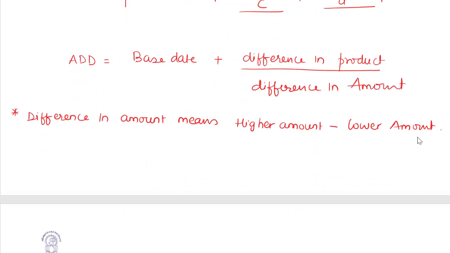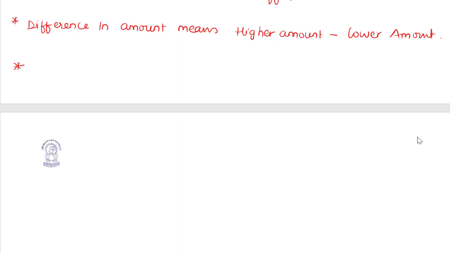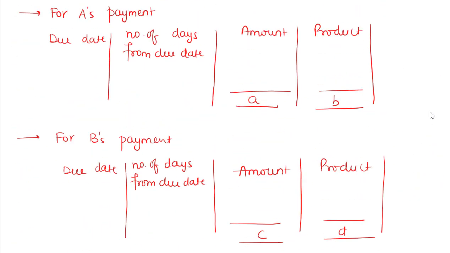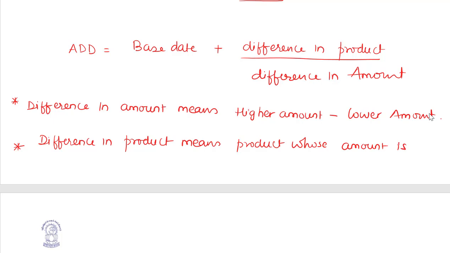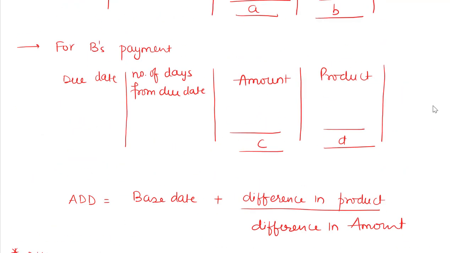Supposing higher amount is A and lower amount is C, so A minus C. Difference in product means product whose amount is higher minus product whose amount is lower.